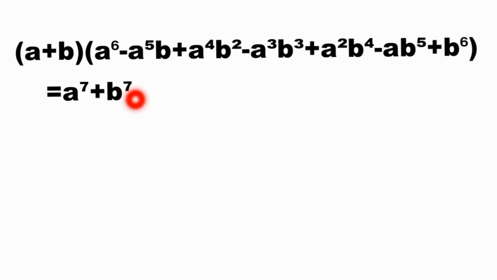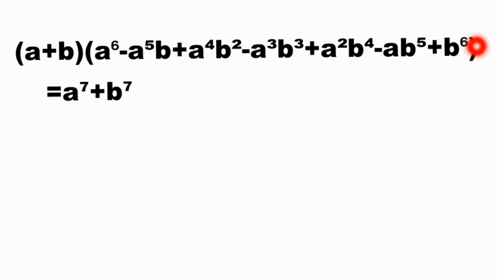You just make this a to the power of 8 and minus a to the power of 7 and so on, descending, and for b it is ascending, and b to the power of 8 in the last.